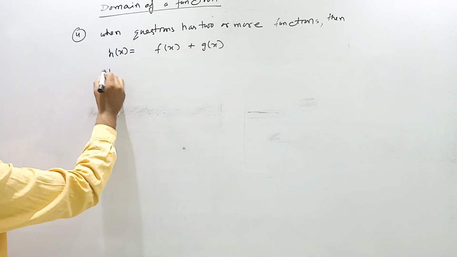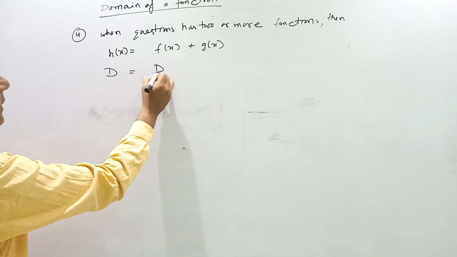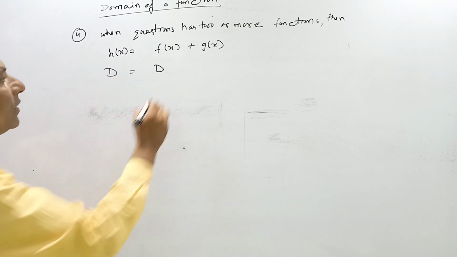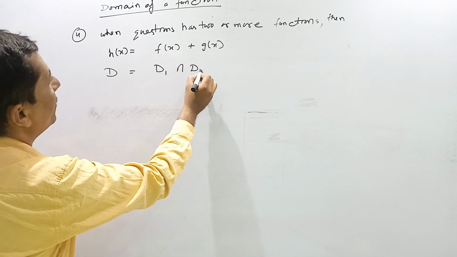In this case domain is equal to, beta, D1 intersection D2.